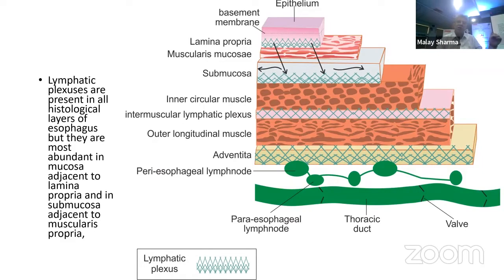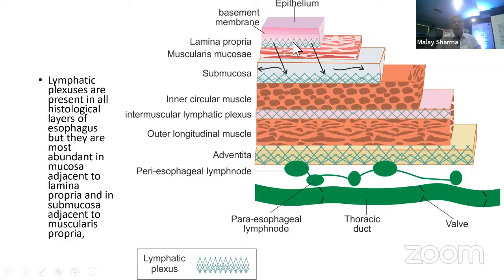This is an important factor because it determines the mucosal dissection or removal of tumor in early esophageal cancer.